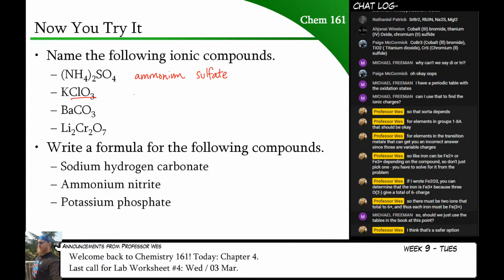This right here is chlorate, so this would be potassium chlorate. Then we got barium carbonate. And then this right here is dichromate, so this would be lithium dichromate.